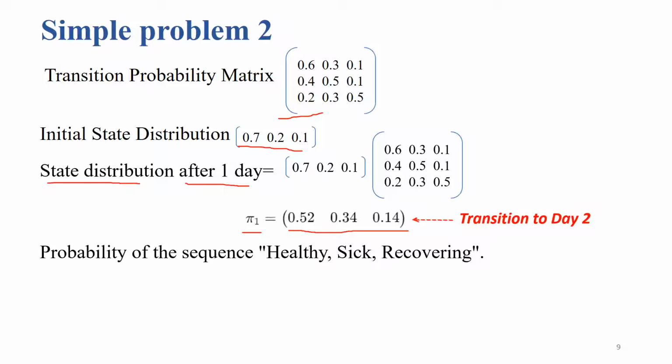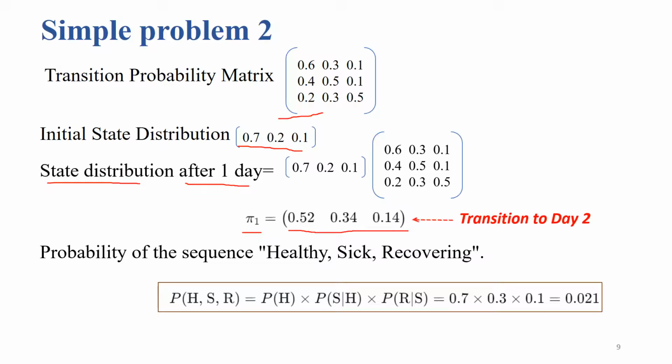Now to find out the probability of the sequence healthy, sick, recovering, we are starting with H. So the probability of H multiplied by the probability of S given H, into the probability of R given S. So we need to find the product of these three probabilities: 0.7, 0.3 and 0.1.